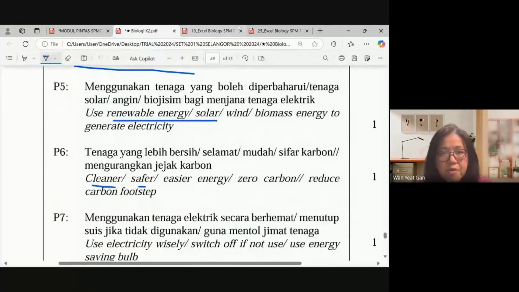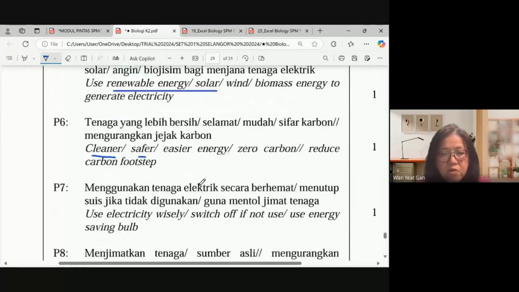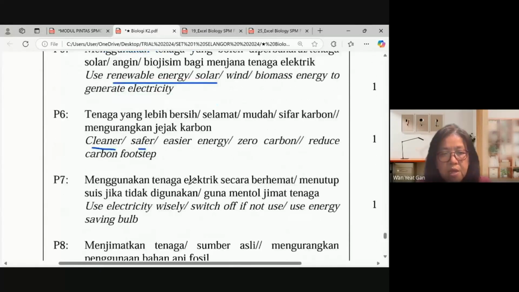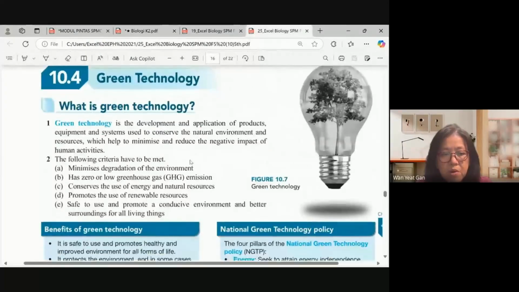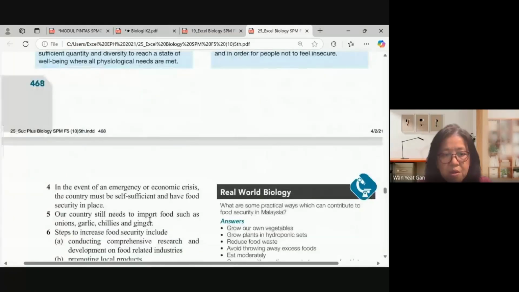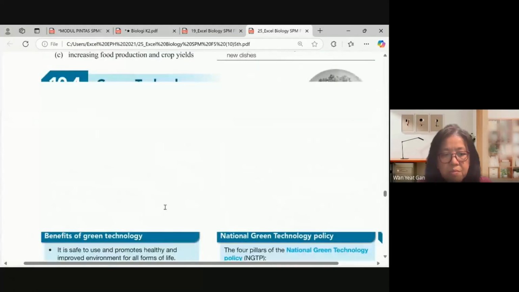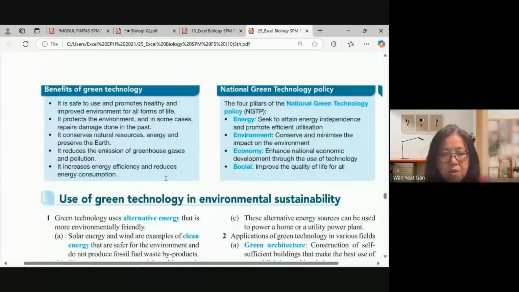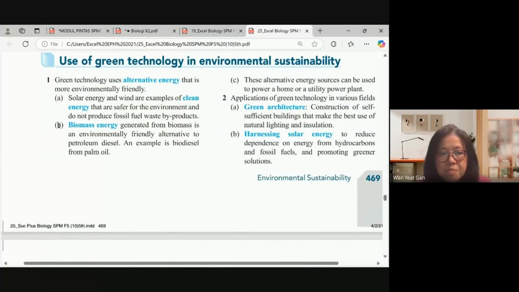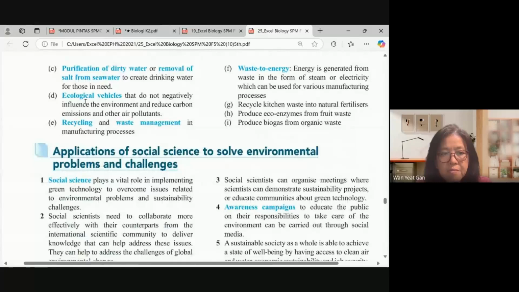So some of the methods of green technology is, of course, the use of renewable energy. For example, you use alternative energy, you harness solar energy, and you recycle, you use waste to energy.